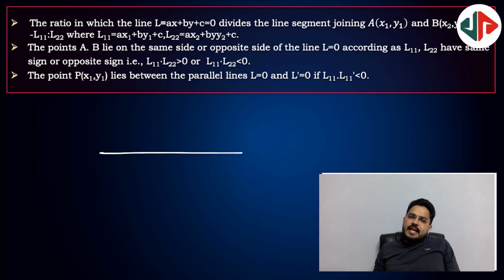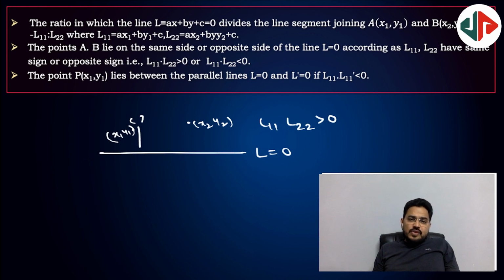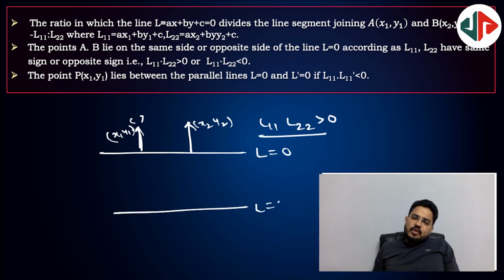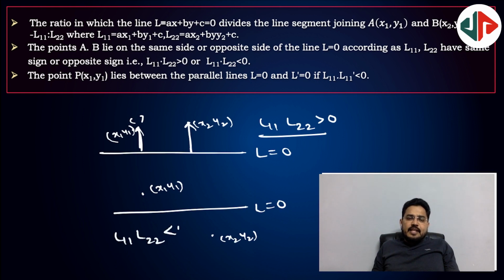Whether this is the positive side or negative side doesn't matter, but both are negative or both are positive. If x1, y1 is here and x2, y2 is here, in this case L11 into L22 is negative.